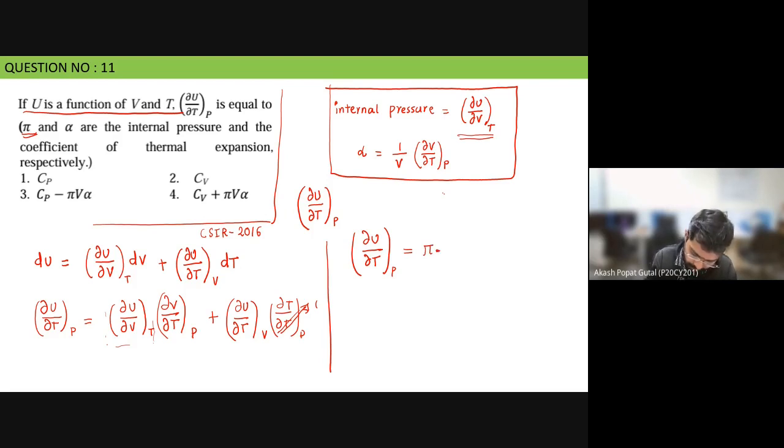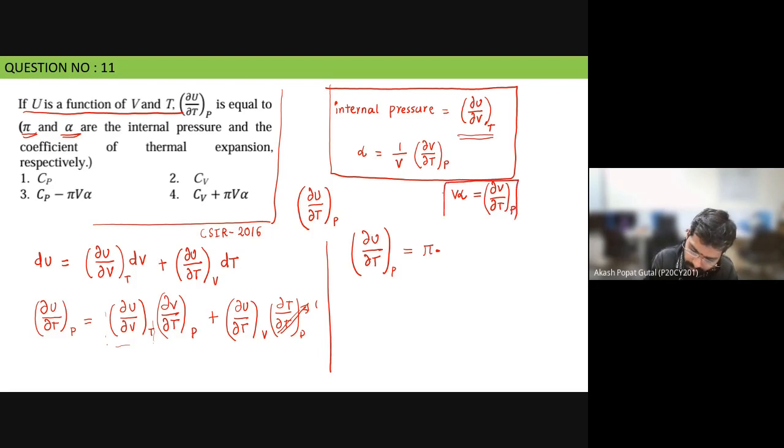And this part is del V by del T at constant pressure. In terms of alpha, V times alpha is equal to del V by del T at constant pressure.